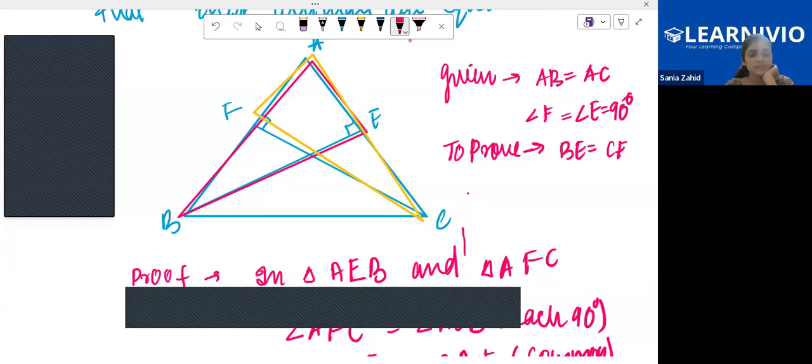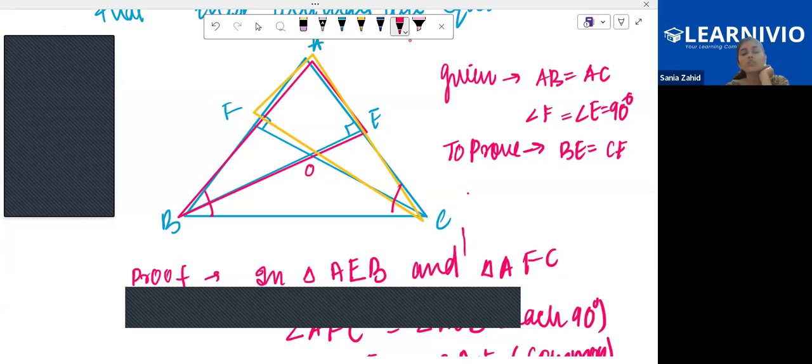Ma'am, since this is an isosceles triangle, will angle ABC be equal to angle ACB? Yes, ma'am. So I took the midpoint as O. So can I add OBC with angle ABE and OCB with angle ACF? Then it gives me angle ACF is equal to ABE.